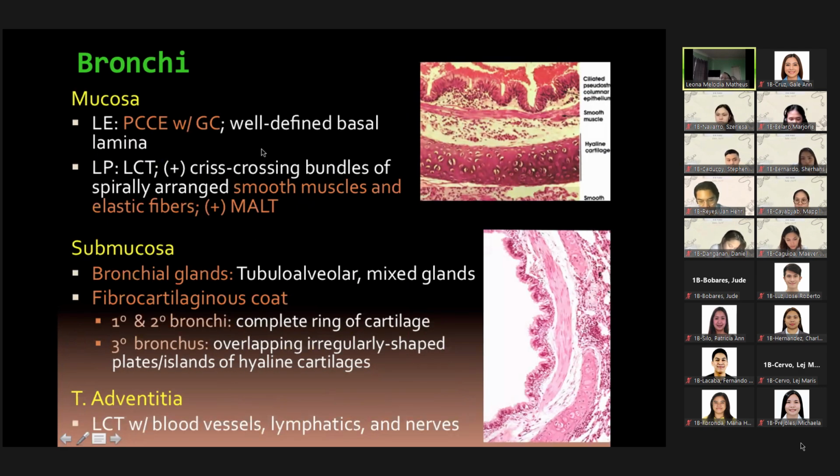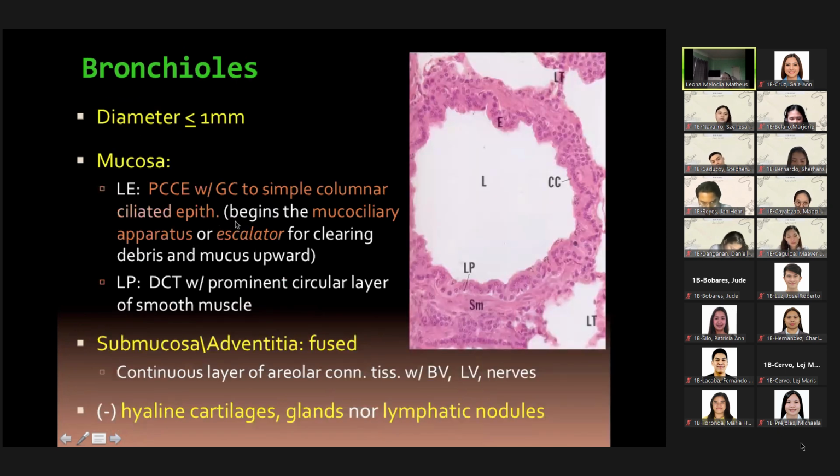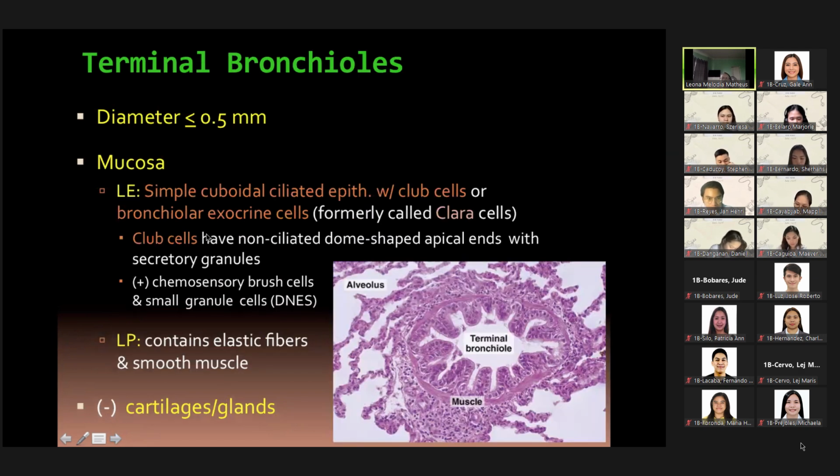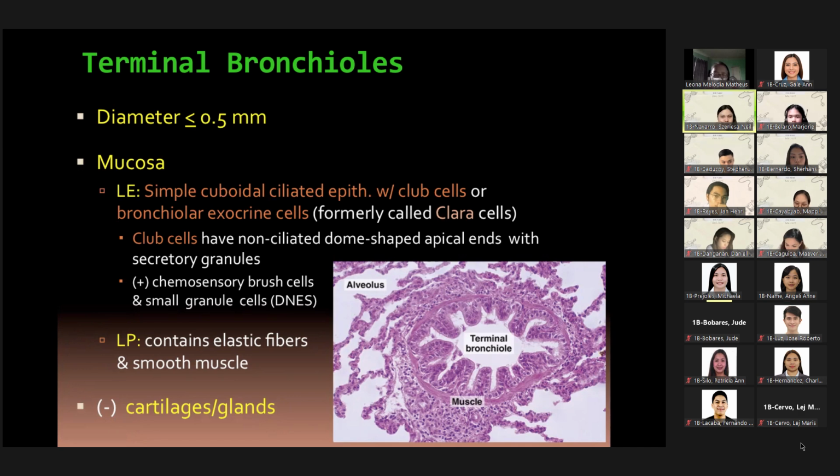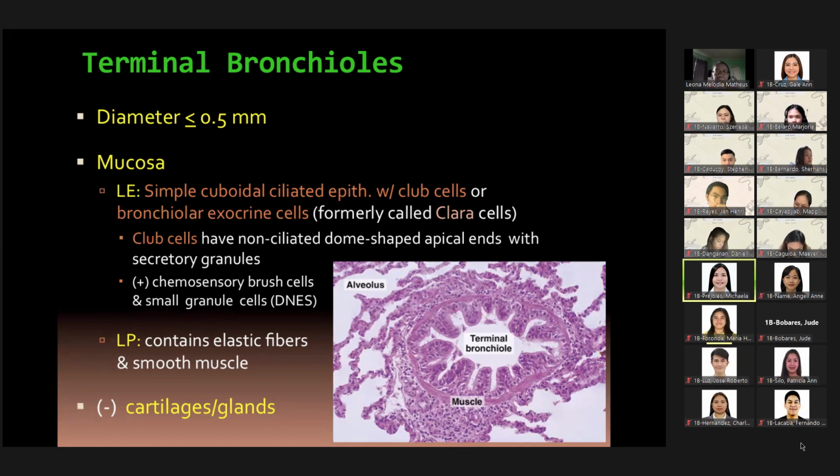To be clear cut, when we are in the bronchus, this is our mucosa. When we are in the bronchiole, this is our mucosa. And when we get to the terminal bronchiole, this is our mucosa. Are we clear? Guys, are we clear? Yes.